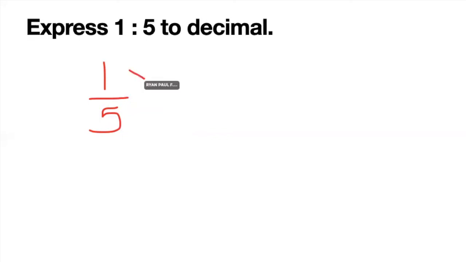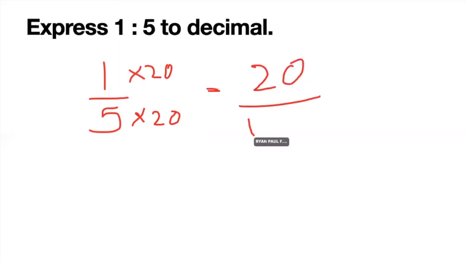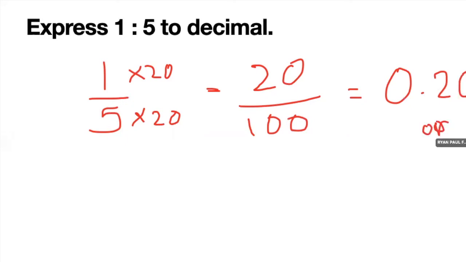So by multiplying both the numerator and denominator by 20, we'll get 20 over 100. Therefore, 20 over 100 can be expressed in decimal as 0.20 or 0.2.